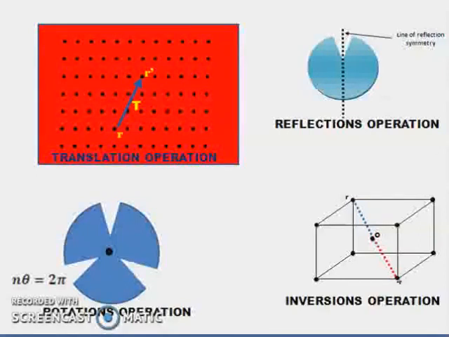So the next is inversion operation. Inversion operation is 3 dimensional. We take this regular shape here. It's in the form of a cube. Okay, so if it is a cube, we understand that we can get inversion because in a cube there is one point which is the center of the cube.